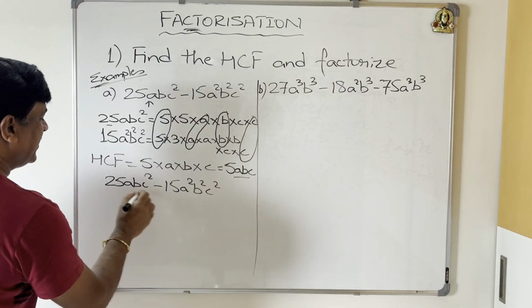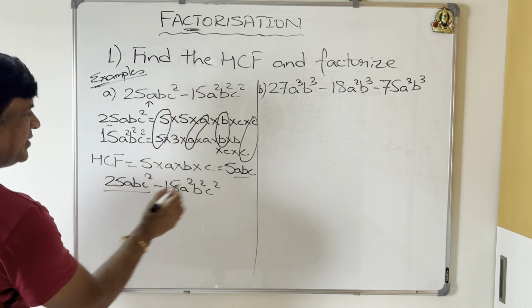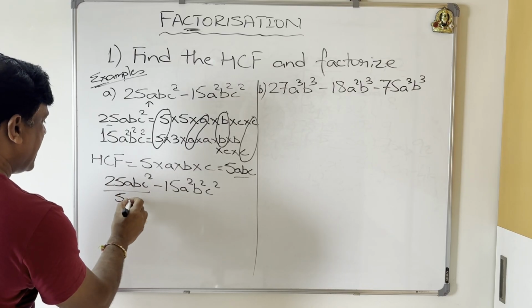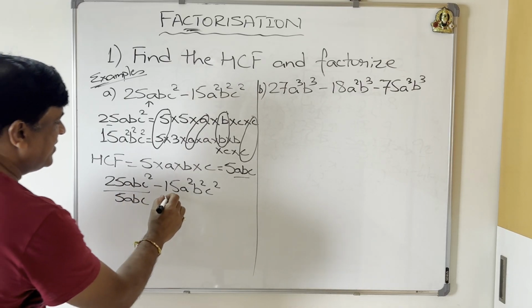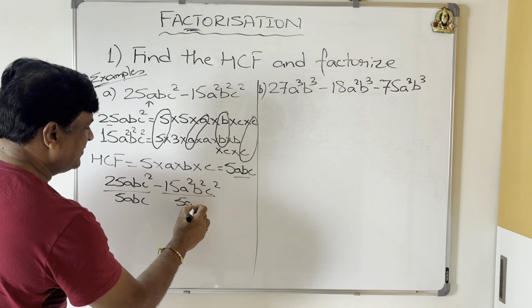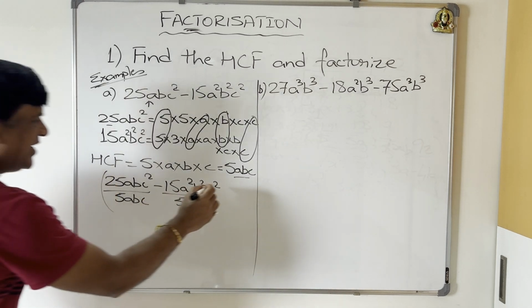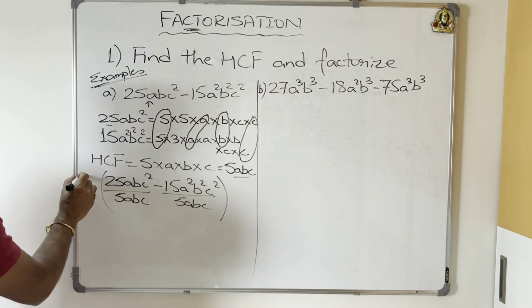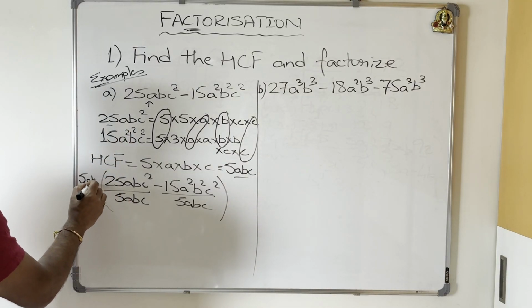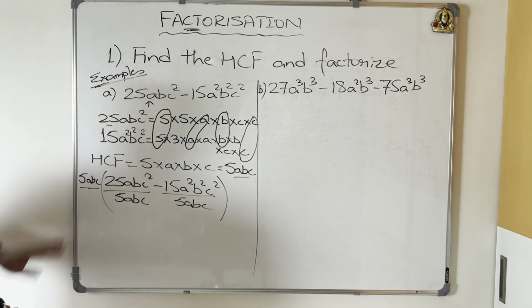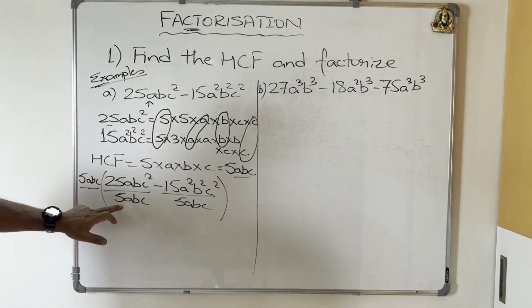So when you divide it with 5abc, you need to multiply it in the numerator also for both of them. This is how you need to put it. That's the factor which you are taking out.